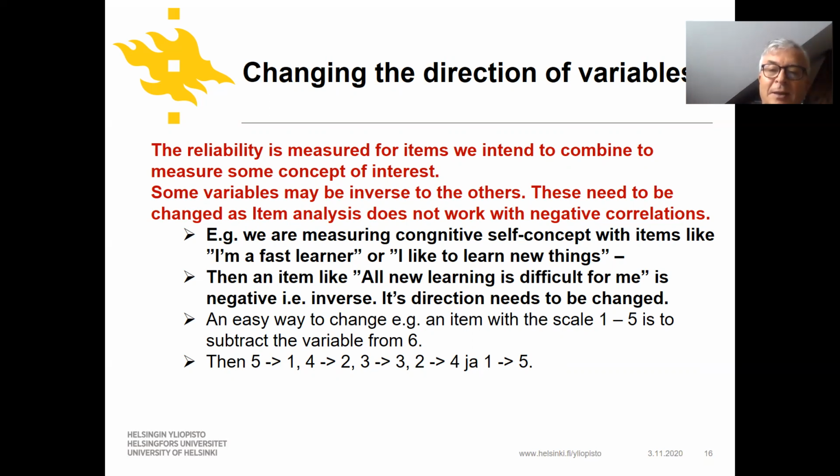You subtract that from 6. So if you have a 3, then you get a 3. But if you have a 5, you get a 1, 4 becomes 2, 3 becomes 3, 2 becomes 4, and 1 would become 5. So you change the direction of, in this case, all new learning is difficult for me. You could put a small minus after it, and that would indicate now we have changed the direction.